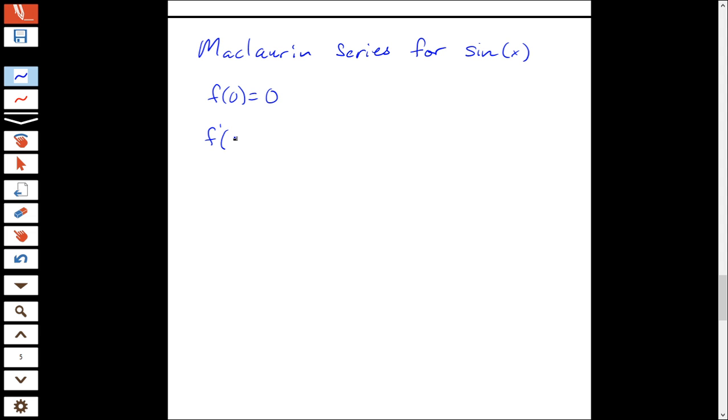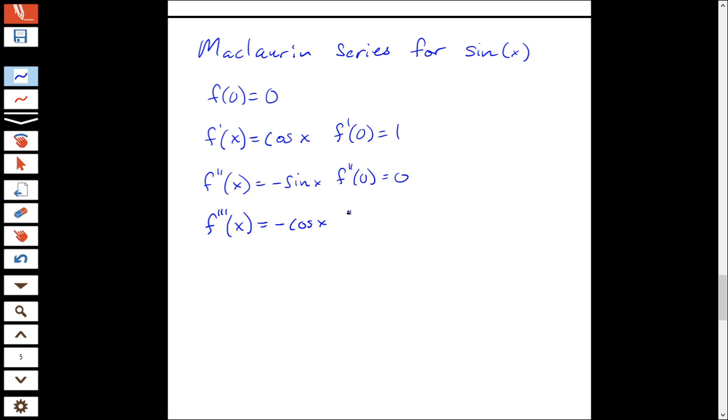F prime of x is equal to cosine of x. Of course, f prime of 0 is equal to 1. F double prime is negative sine of x. F double prime of 0 is 0. F triple prime of x is negative cosine of x.